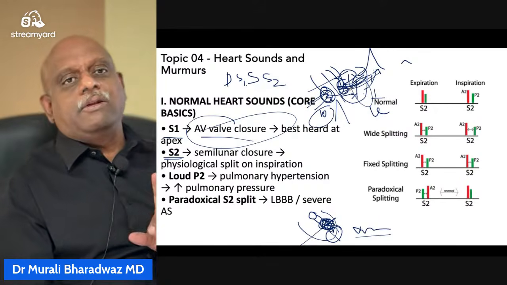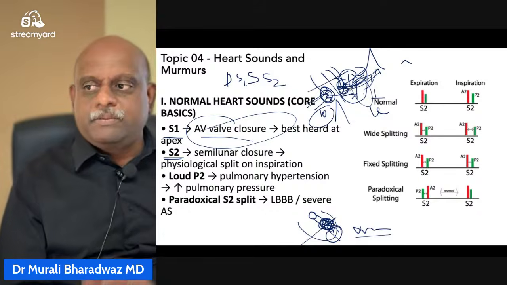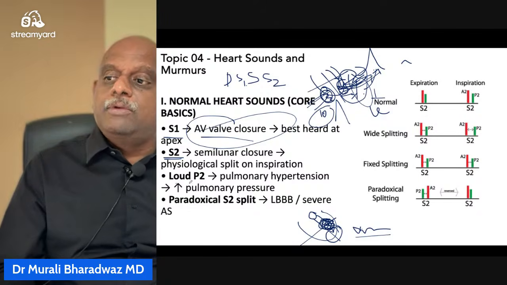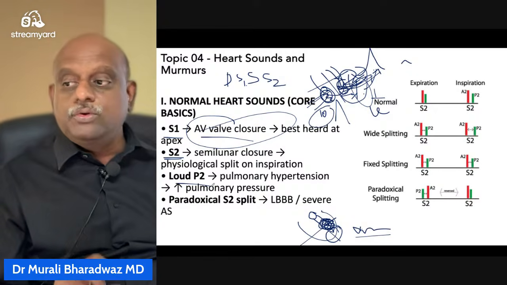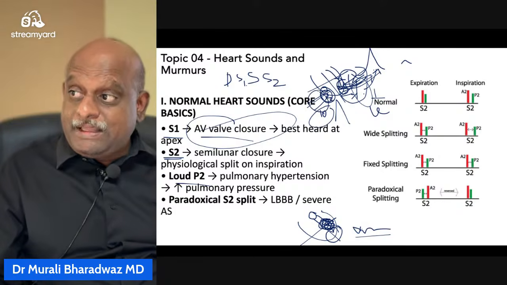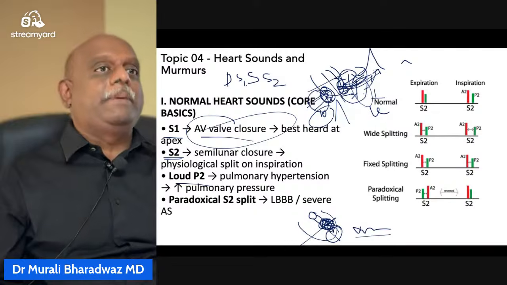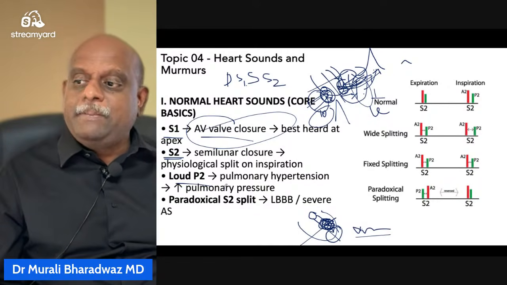So the aortic valve precedes the pulmonic valve when it comes to closure. When will P2 become loud? Between A2 and P2, P2 will become loud whenever the pressure in the pulmonary artery is high, which is called pulmonary hypertension.